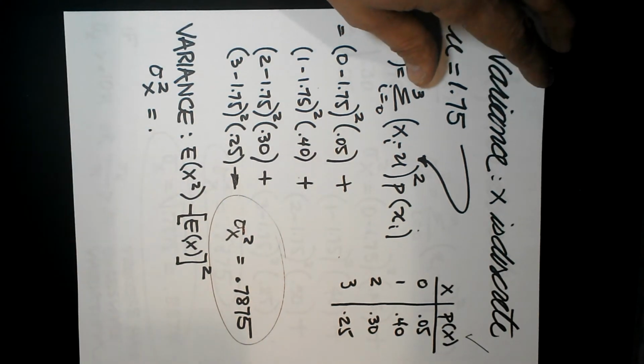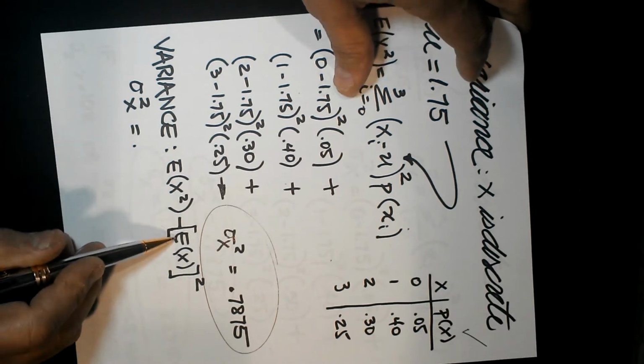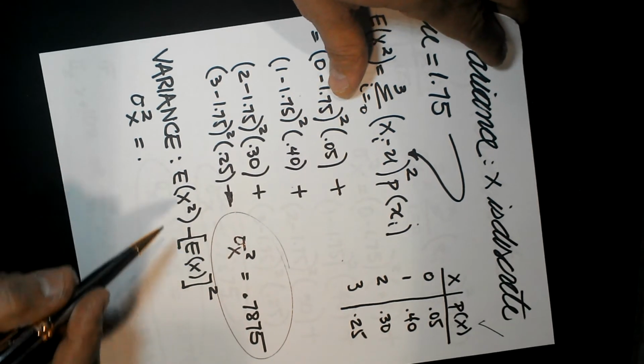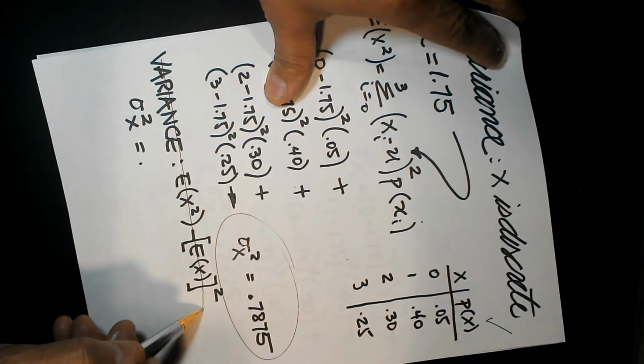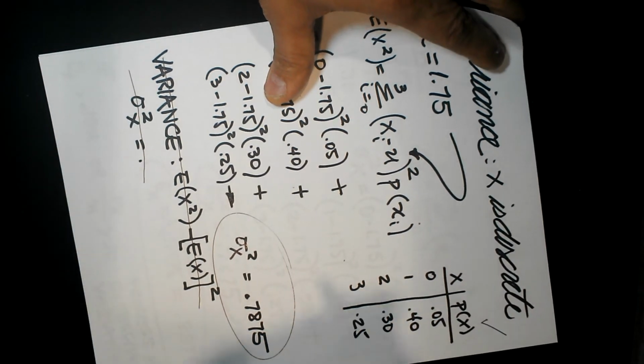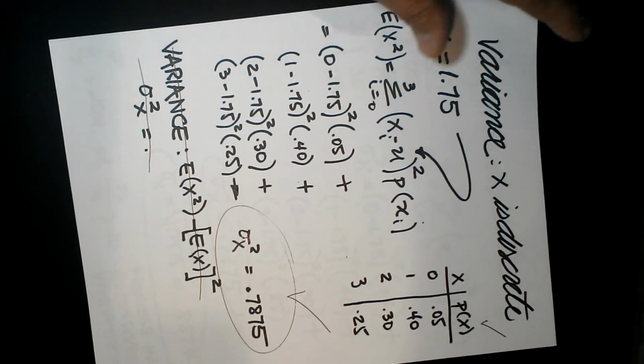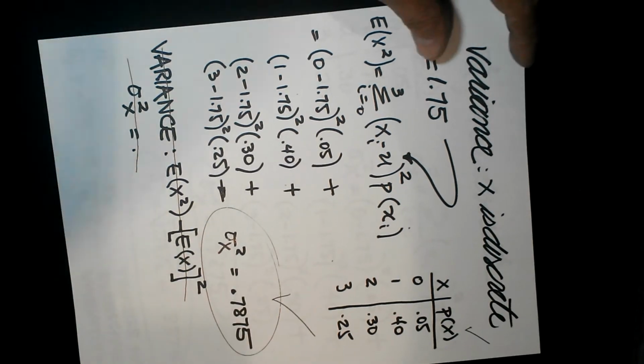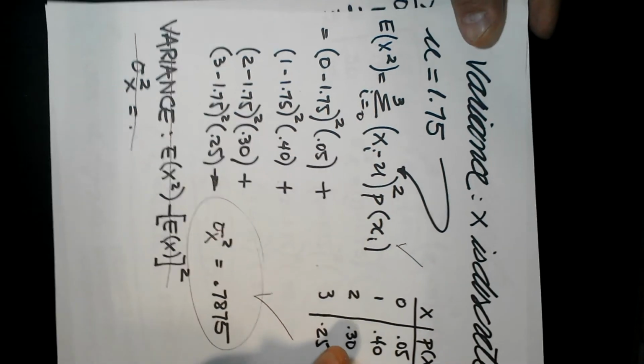Okay? Now note, I put this here, but for continuous variables, we don't use this. We have the variance coming out straight because of this formula.